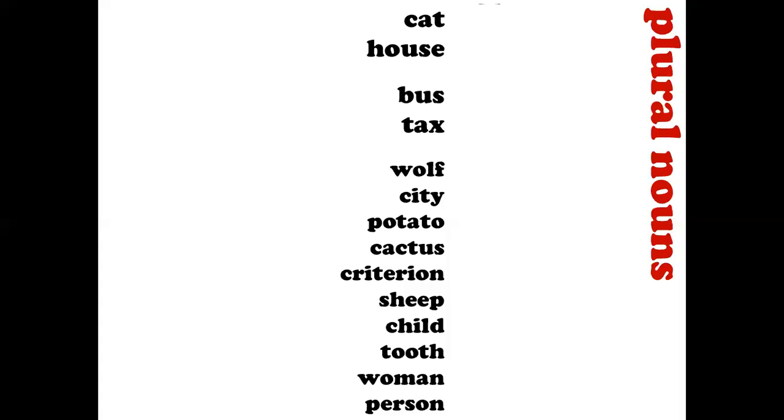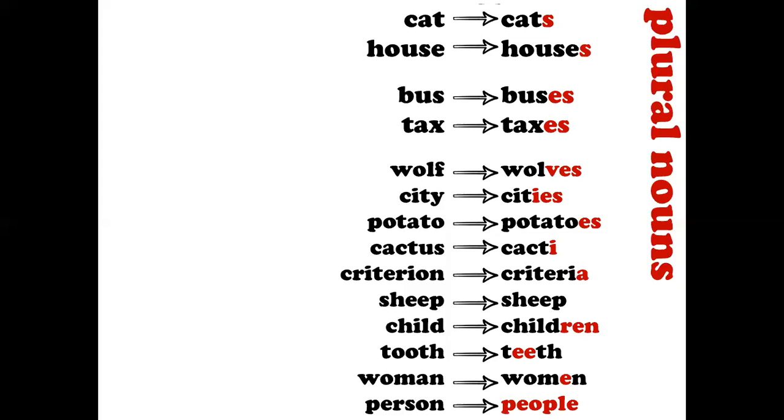Put an S at the end. All right, put an ES at the end. You can see that that's the case with many nouns. Cat, cats. House, houses. Bus, buses. Tax, taxes. But noun pluralization, making nouns plural, is one of the many irregular points in the English language.